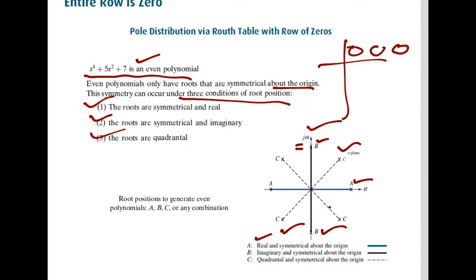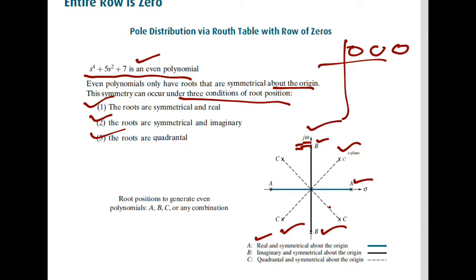That is, the 0 row tells us that an even polynomial exists whose roots are symmetric about the origin, and some of these roots are on the j omega axis. If we do not have the row of zeros, we cannot possibly say that it has j omega roots.